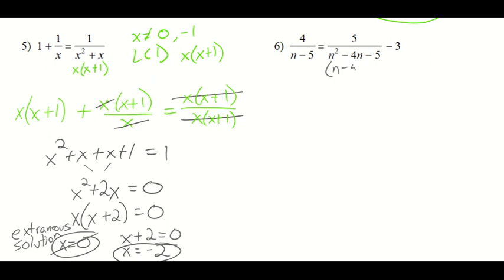So this is going to be n minus 5 multiplied by n plus 1. So n cannot equal 5 or negative 1. And our least common denominator ends up being this n minus 5 multiplied by n plus 1. So that's what we're going to multiply both sides of this equation by.